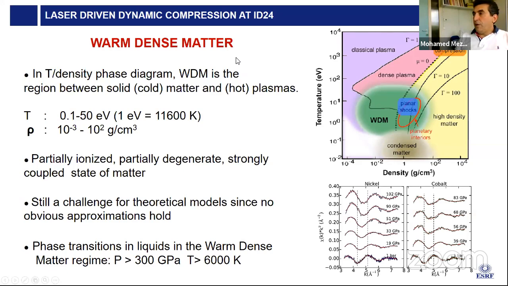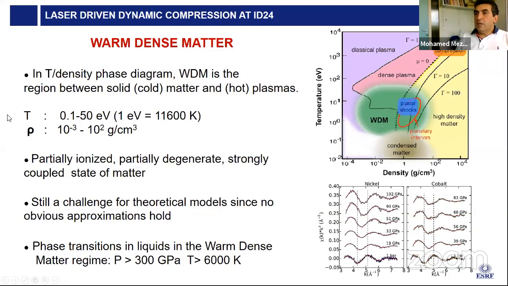One of the natural subjects for this kind of experiment is to explore the so-called warm dense matter. And what is warm dense matter? I think it's described in this temperature-density diagram, where you can see it is a region between solid condensed matter physics, and the plasma state.